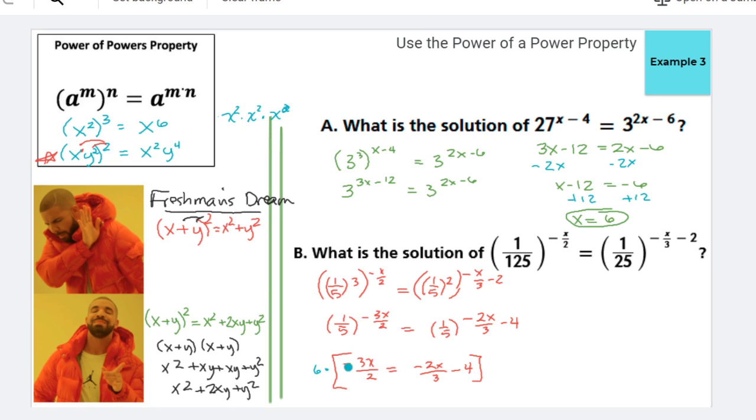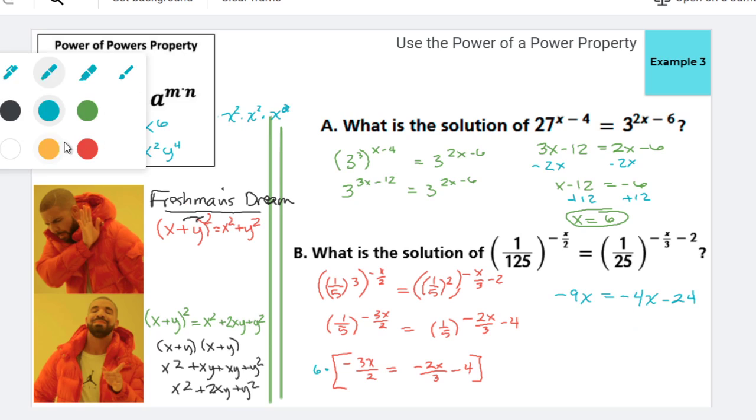So 3 times negative 3 is negative 9x. Now here, 6 divided by 3 is 2. So 2 times negative 2 is negative 4x. And then 6 times negative 4 is negative 24. Oh, and I don't know about y'all, but that looks a lot easier to me.